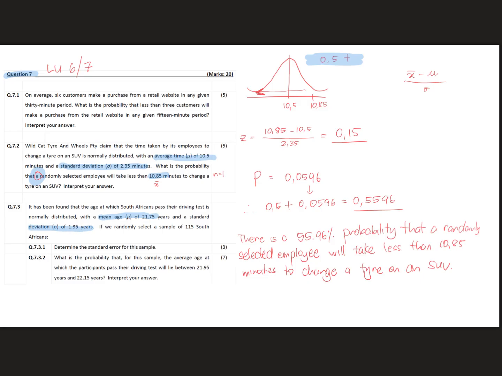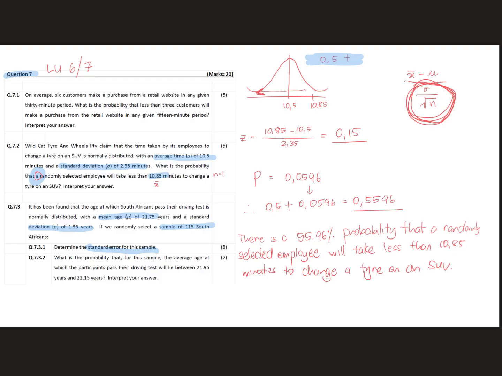If we randomly select a sample of 115 South Africans, the first question, 7.3.1, said determine the standard error for the sample. So the standard error is actually the denominator of the formula at the top here that I wrote down for Z. This is the standard error. It's the standard deviation over the root of n.